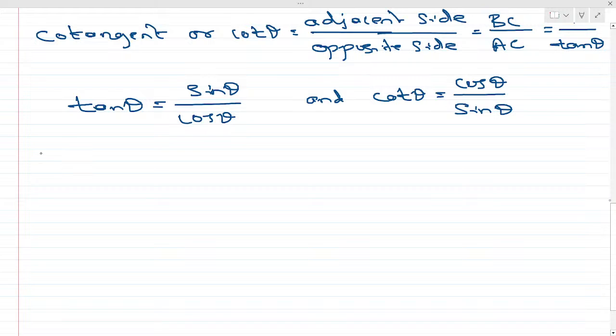Let's solve a few questions based on these simple trigonometric ratios. I have a question.